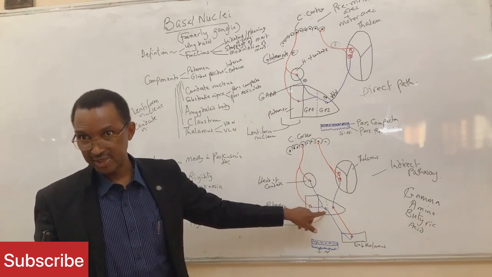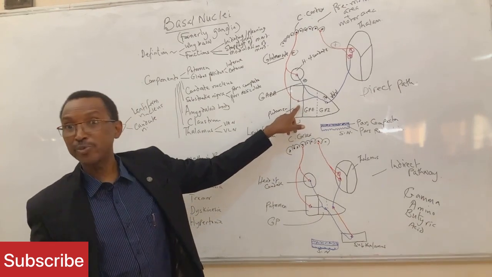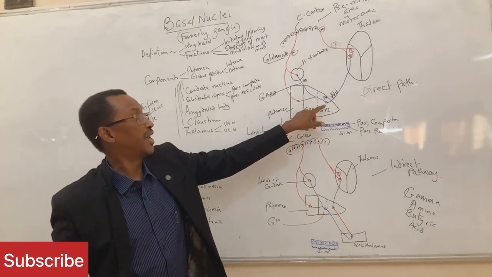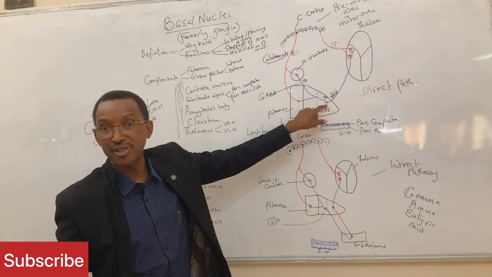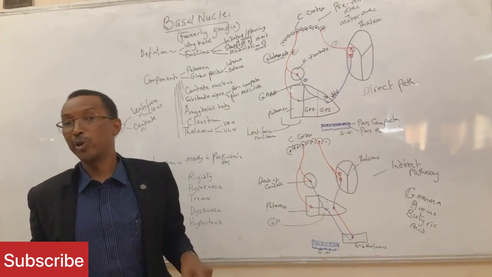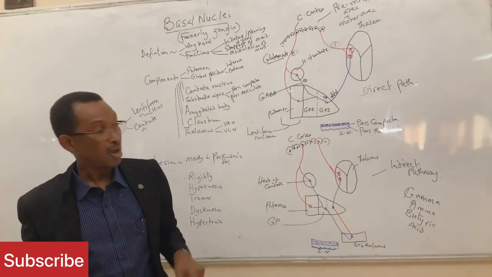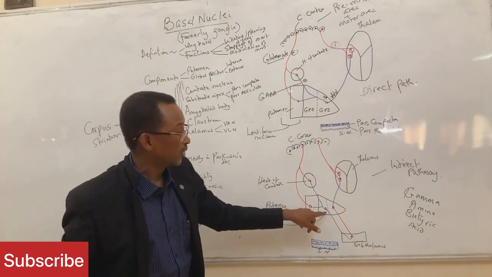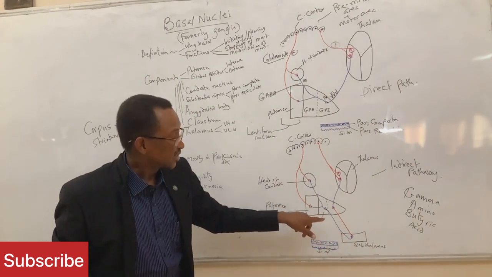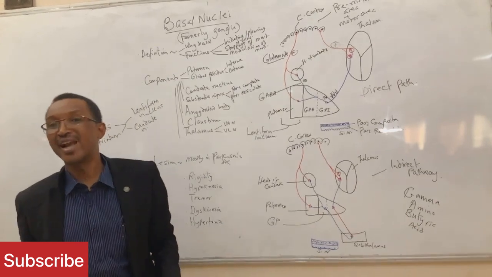See the difference? For the direct pathway, the second order neuron synapses with the third order neuron in the globus pallidus interna. Are you clear? With regard to the indirect pathway, the third order neuron synapses in the globus pallidus externa.